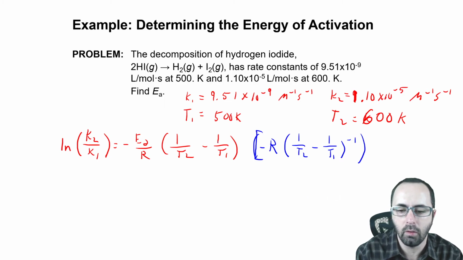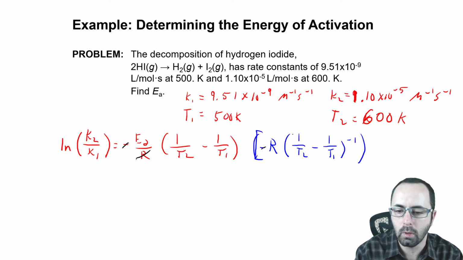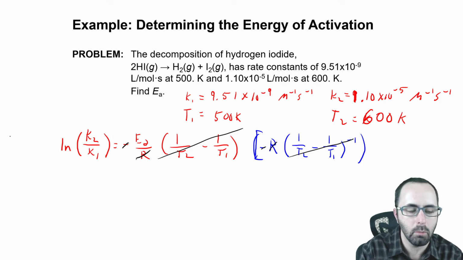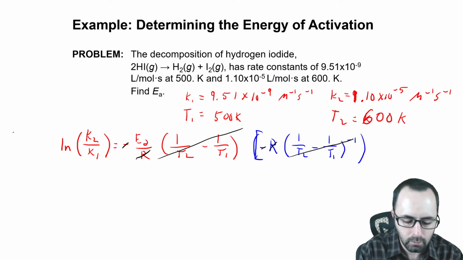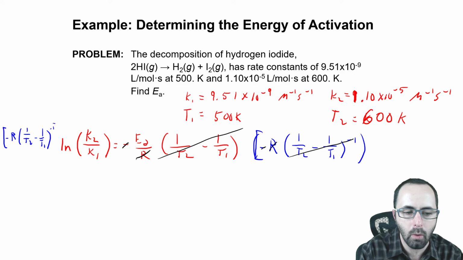Okay, and so what's going to happen here is the negative will cancel. The R will cancel. And then this whole thing will cancel here, like that. We're going to multiply times the same thing on the other side. So we're going to have negative R times 1 over T2 minus 1 over T1 to the negative 1 power.